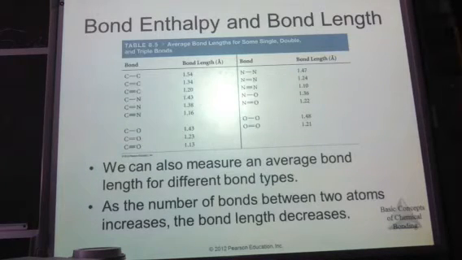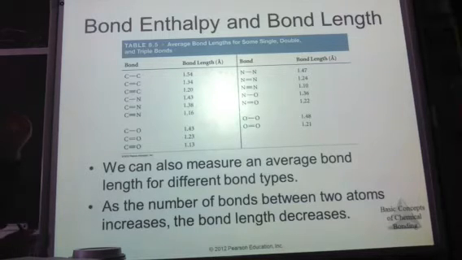So, last thing. We can also measure an average bond length for multiple bonds. And it says as the number of bonds between two atoms increases, we know that the bond length decreases. We've already talked about that before.